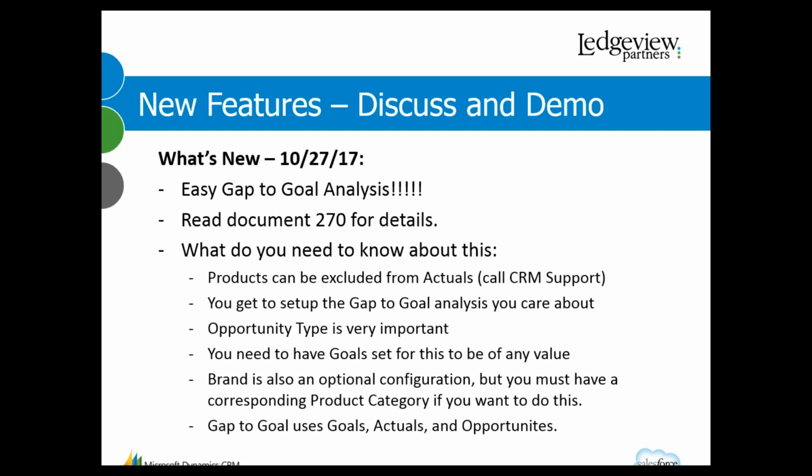So what do you need to know about gap to goal before you actually get into it? A couple things are really important as far as the functionality. Some of you may set your goals, but there might be a few products that you sell that accumulate a fair amount of volume or gross profit that you really don't set goals for.